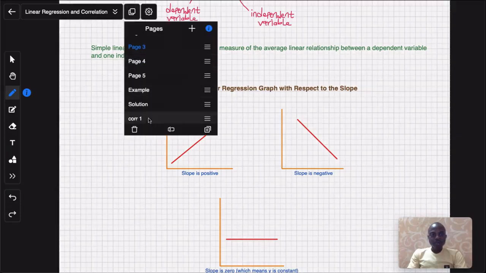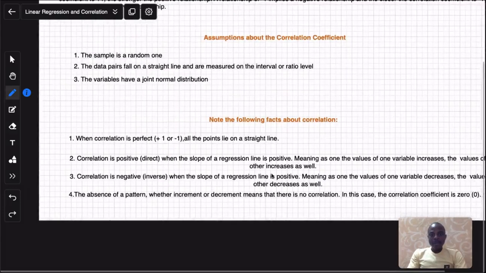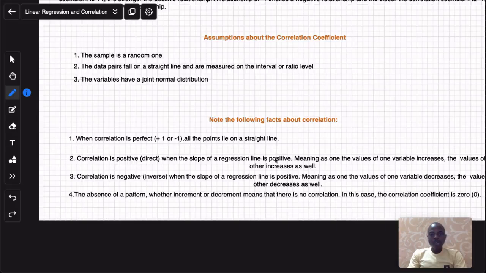And we are looking at that now here. So when the slope is positive, the correlation is positive. That means the correlation is direct. When the slope is negative, the correlation is negative.